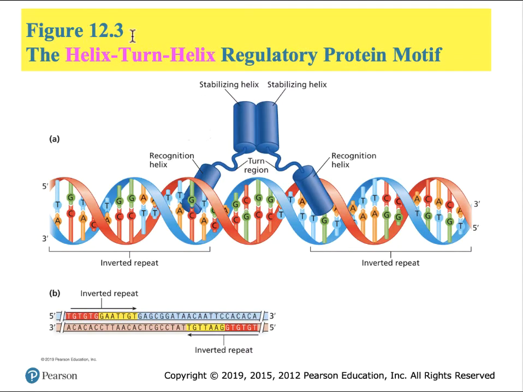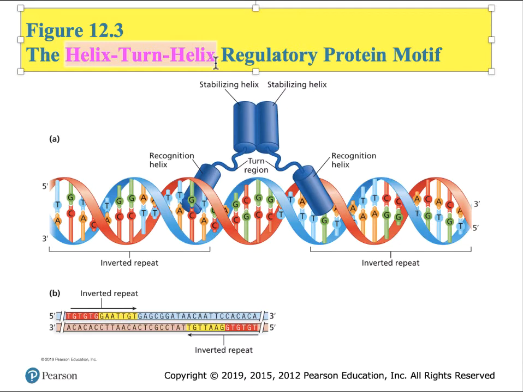Figure 12.3 shows a Helix-Turn-Helix protein making contact with its target DNA. And at the target DNA, we can see that the inverted repeats are key in allowing this protein to bind in either orientation. We are now ready to begin the first story.